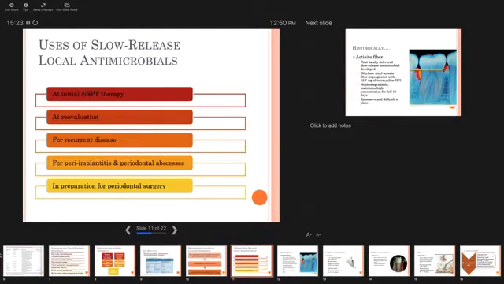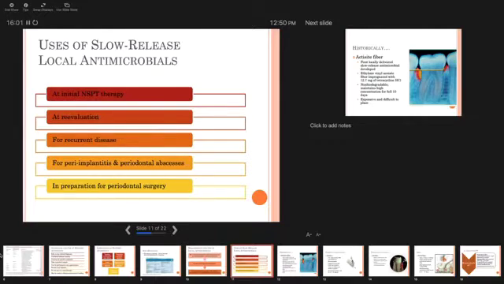So, what are some of the times that we can use these slow release local antimicrobials like Arestin? We can do them at our initial non-surgical periodontal therapy, NSPT. So we can use them then at the time of treatment. We can place them at reevaluation. We could place them at subsequent periodontal maintenance appointments for recurrent disease. We could use them for peri-implantitis, right?